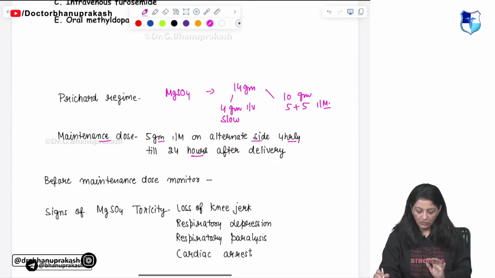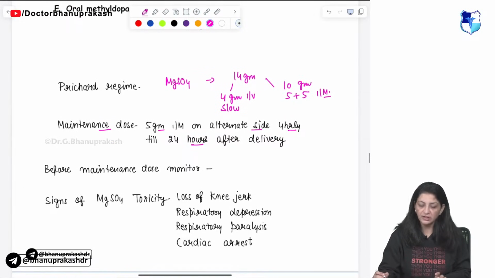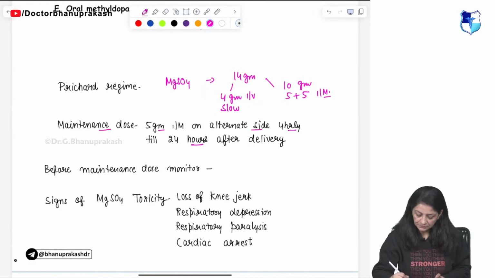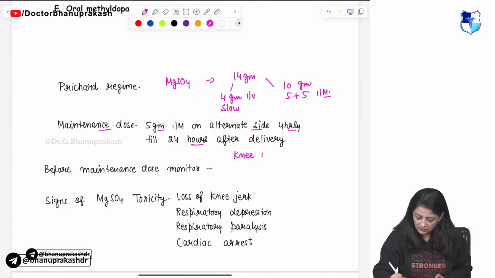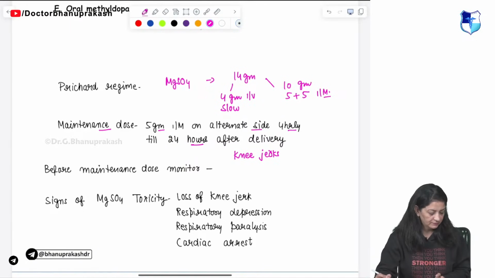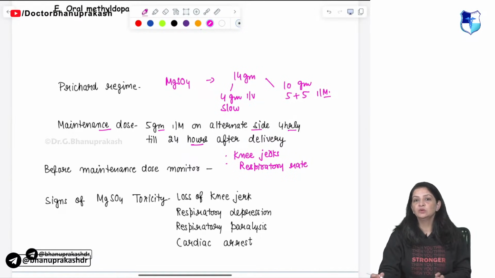Okay, now before maintenance dose, monitor magnesium. This is very important to monitor. We have to monitor first, knee jerks to check the magnesium toxicity. Then respiratory rate, it should be more than or equal to 14 breaths per minute.